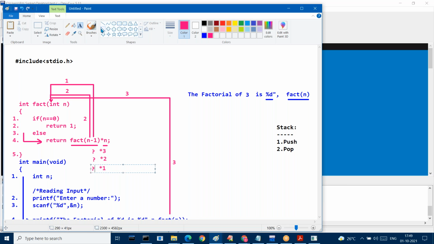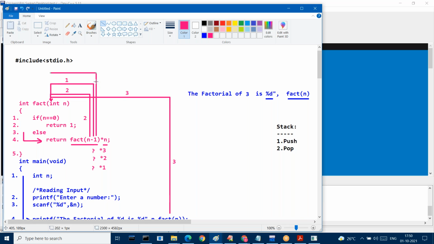Fact 0. So that means from here, one more time the function is getting called. This time with what value? 0 value.